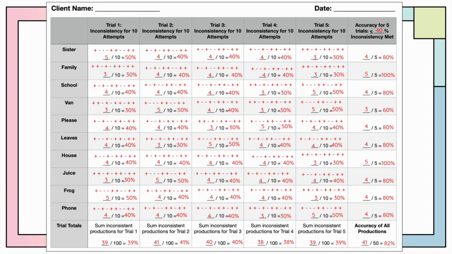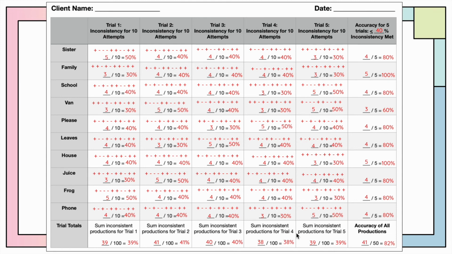That bottom row is a summary of data by trial and then an overall accuracy score for the session. So if you take a look at trial 1, that first column, you can see that inconsistent productions for each word in this trial were added together, and then a total number of 39 inconsistent productions were counted out of 100 attempts.